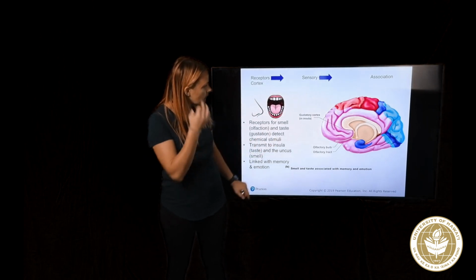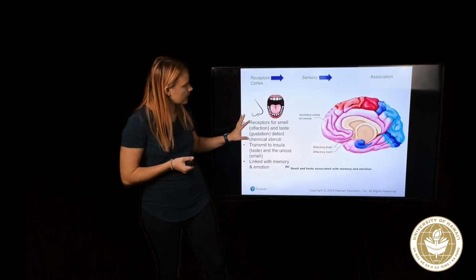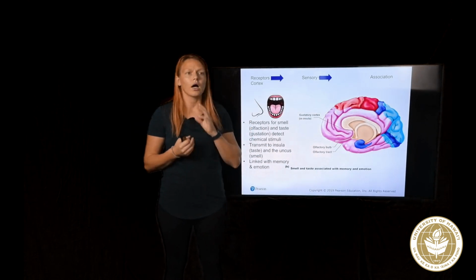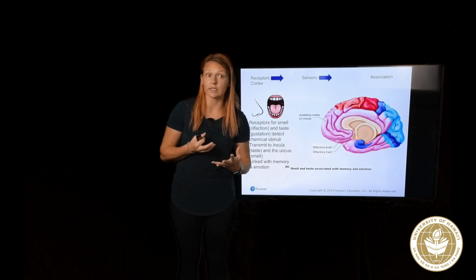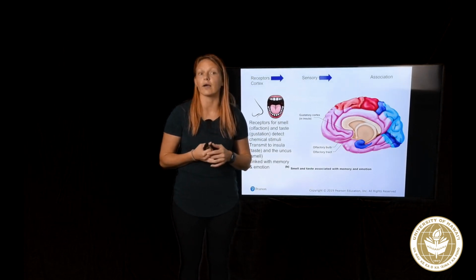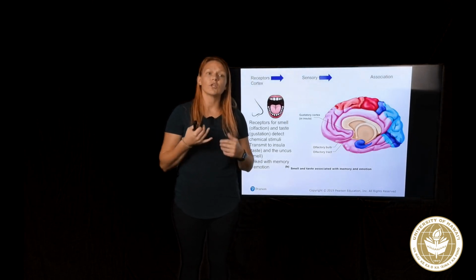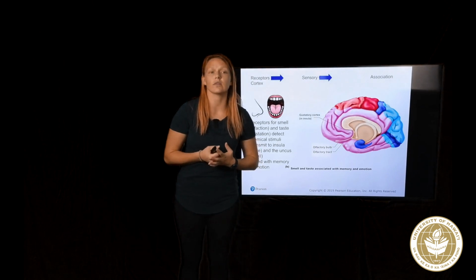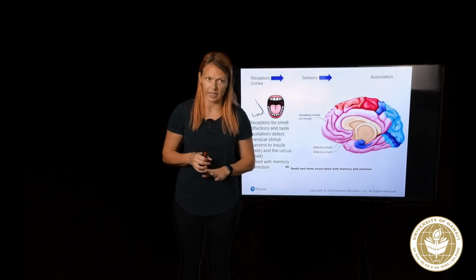So you can see, it doesn't really show you it in this one, but the uncus is going to house the olfactory cortex, which parts of it were once part of that rhomboencephalon, and includes part of the amygdala, which is part of the brain that's located with emotions and memory. And we're going to talk more about the limbic system later.